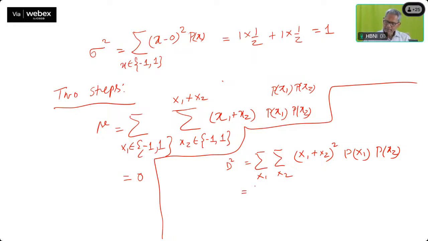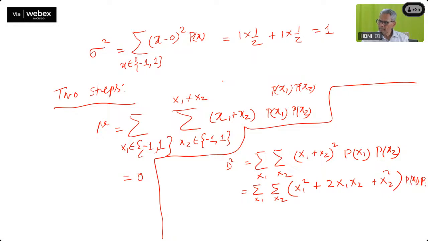Again, you can write this as (x1 + x2) squared, which is x1 squared plus 2 x1 x2 plus x2 squared.